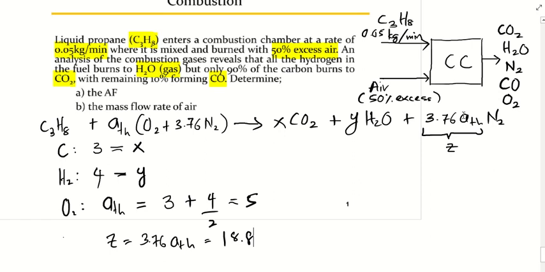Why 3.76 ATH? Because if you balance for N2, it is 3.76 multiplied with ATH on both sides. So in this balanced equation, we found the ATH, the theoretical amount of air for this problem, which is 5.